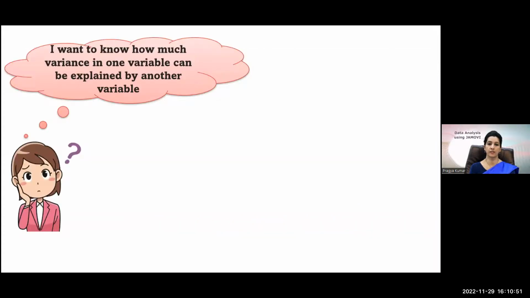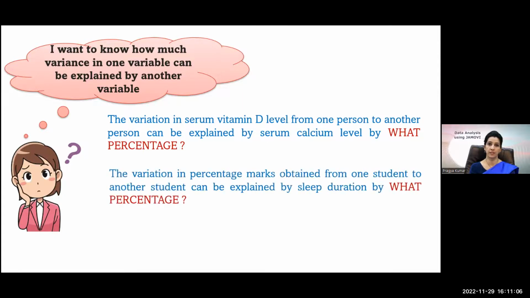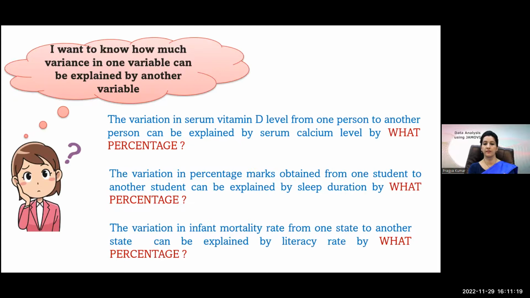But if you want to know how much the variance in one variable can be explained by another variable, like the variation in serum vitamin D level from one person to another person can be explained by serum calcium level by what percentage, or the variation in the percentage of marks obtained from one student to another student can be explained by sleep duration, and again the variation in the infant mortality from one state to another state can be explained by literacy rate by what percentage.